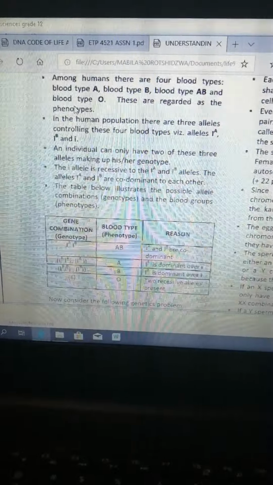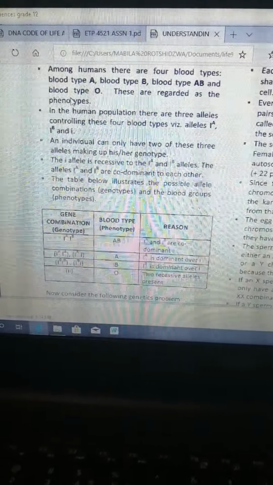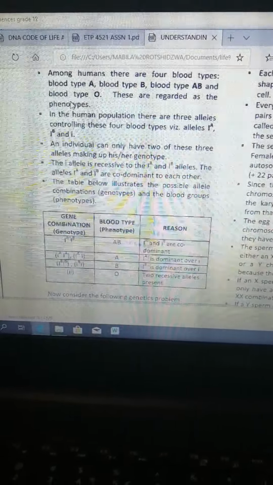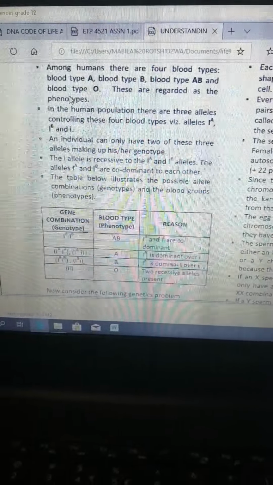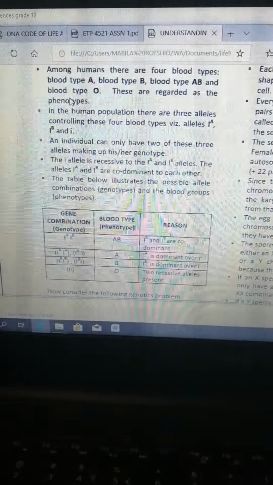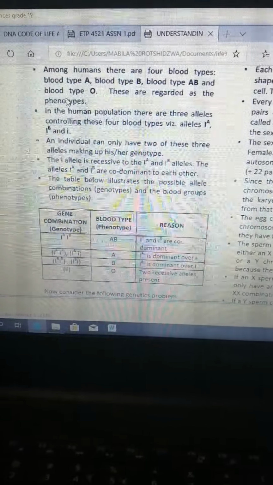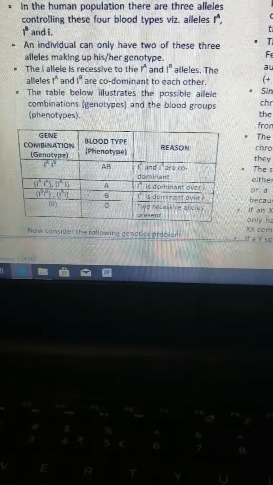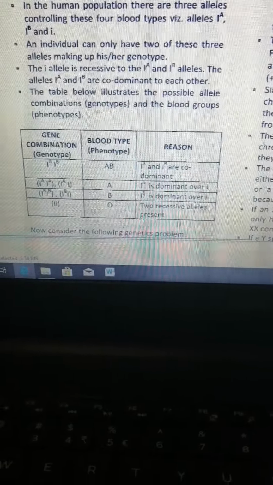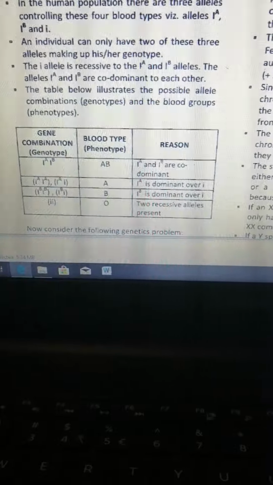Are we together? Now, this is summarized in the table below, wherein in the first column we have the gene combination, the blood type, and the reason for that blood type. You will look at the table and see what it says.